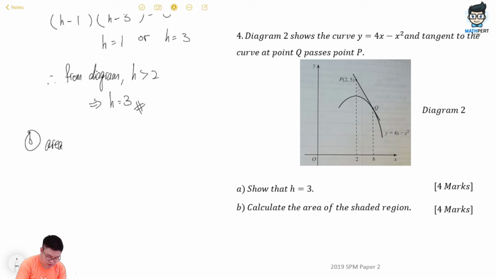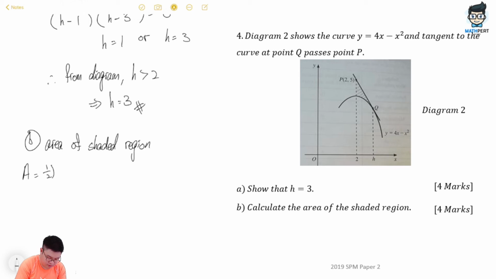So for part B, the area of the shaded region is equal to the area of the trapezium minus the area under the curve. The area of a trapezium is half times the sum of the parallel sides times the height.